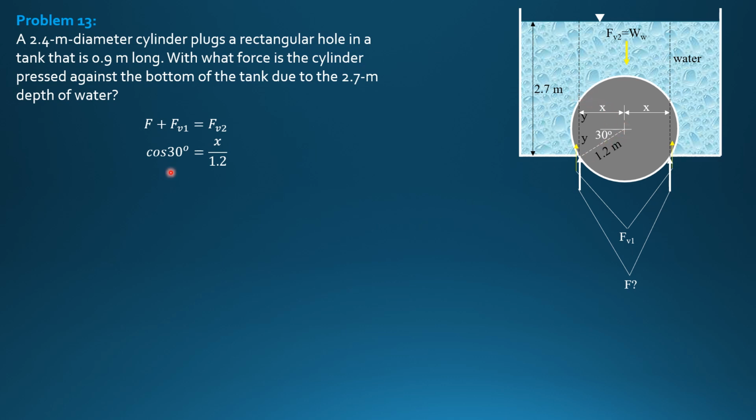So that's the area. Cosine of 30 degrees is x over hypotenuse 1.2. So x is 1.039 meter. We need that in computing FV2 later.